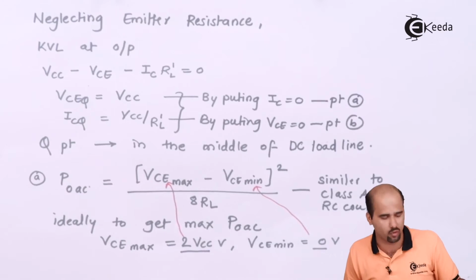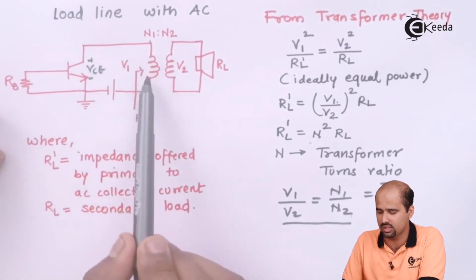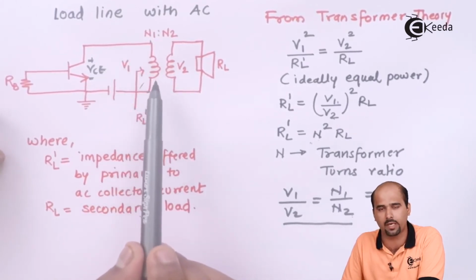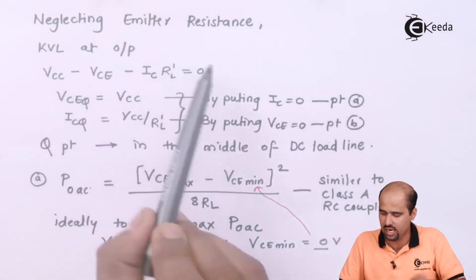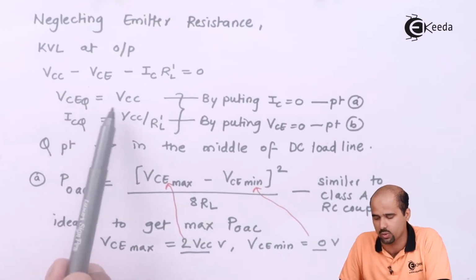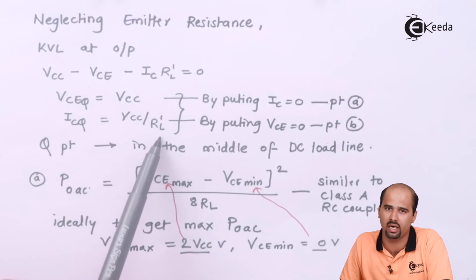Very simple straightforward equation, where this is VCE, this is IC multiplied by RL dash, and this is your VCC. So we will get that VCEQ is equal to VCC and ICQ is equal to VCC divided by RL dash.